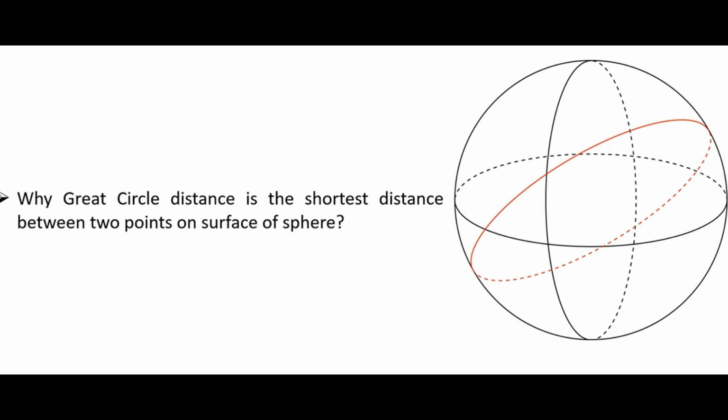So if you have an arc with the least possible curvature, then obviously along that arc the distance shall be shortest. And we have already said that the largest possible radius of a circle on the surface of a sphere is that of a great circle. So it is a circle with minimum possible curvature, and hence the distance along a great circle between any 2 points on the surface of the sphere shall be the shortest distance as far as surface movement is concerned.